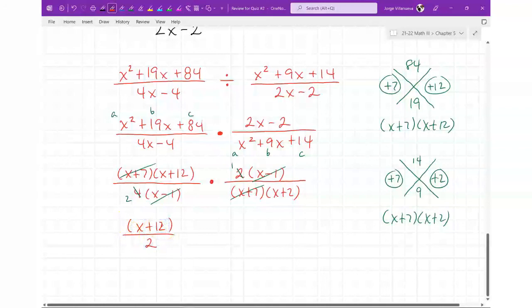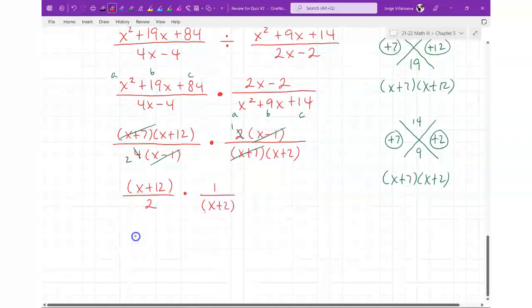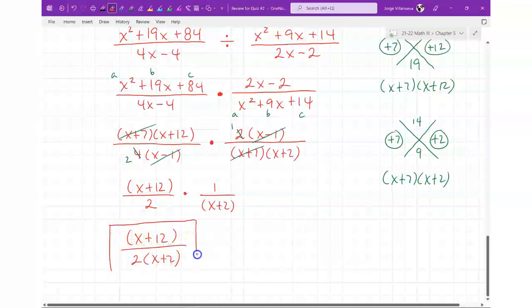The left side just says x plus 12 over 2. The right side will say 1 over x plus 2. So that comes out to x plus 12 over 2 times x plus 2, and that's my final answer.